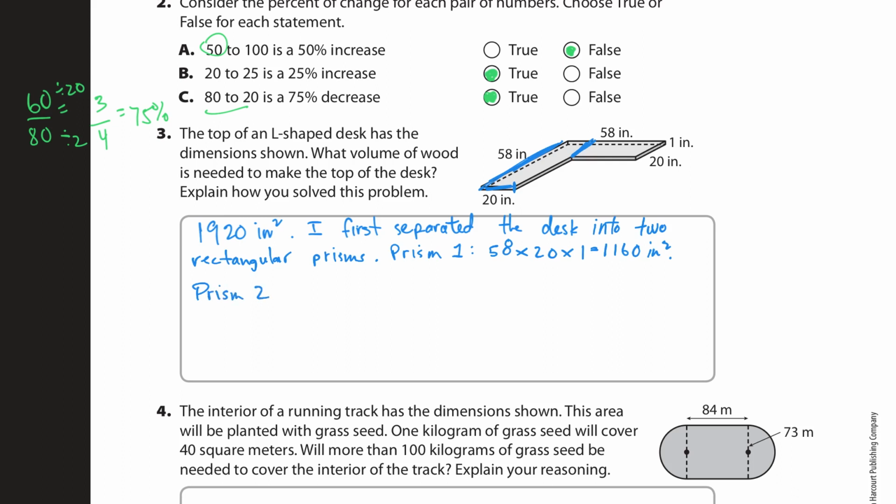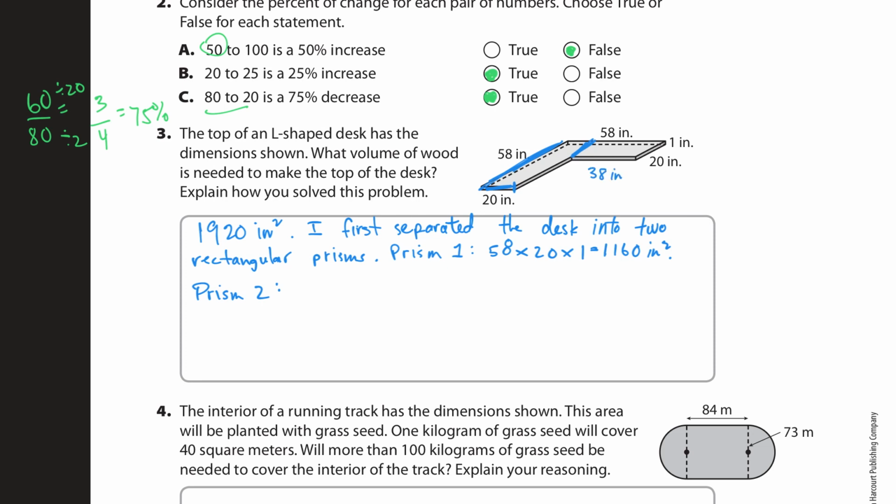Prism 2 is, now if this is 20 and this whole thing's 58, that means this has to be 38, because 58 minus the 20 leaves you with 38. So I'm going to write 38 inches here.